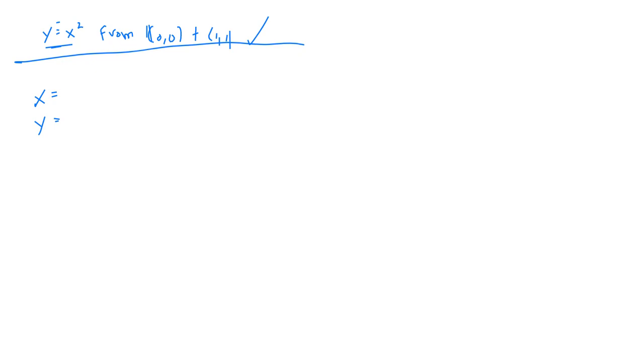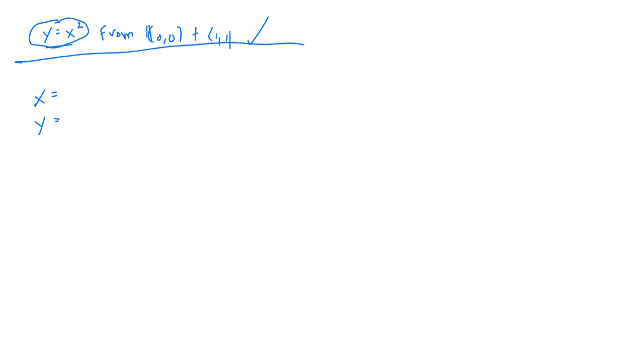If we're trying to model this parabola. X equals the square root of y. Well, we could do that, but what if we didn't want to do that?